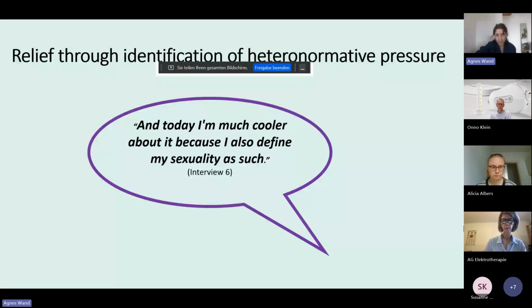If they could identify this pressure as being there from the outside and not super necessary, this helped them to really find their own sexuality and to define their own personal being in a sexual way, also without normative society in general.